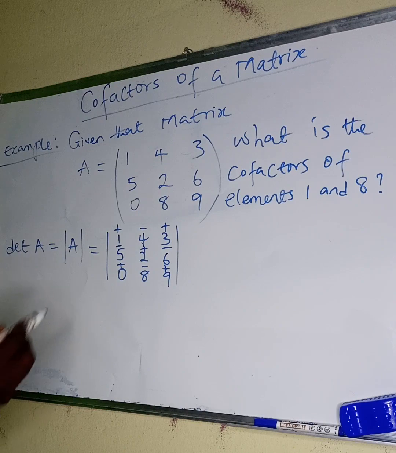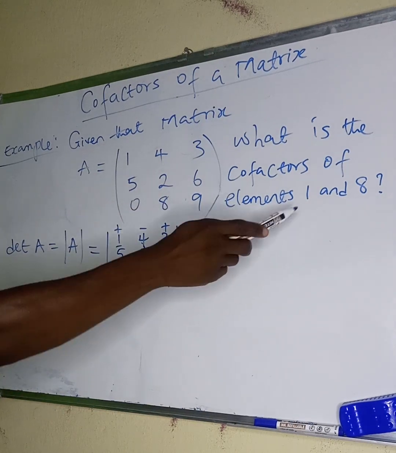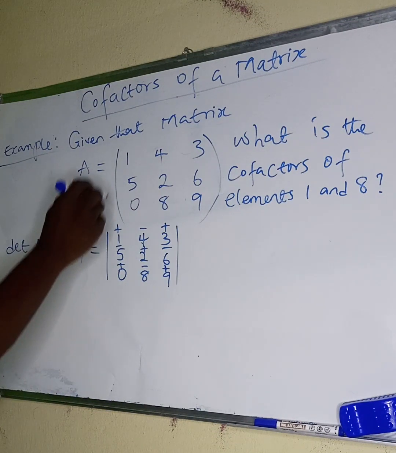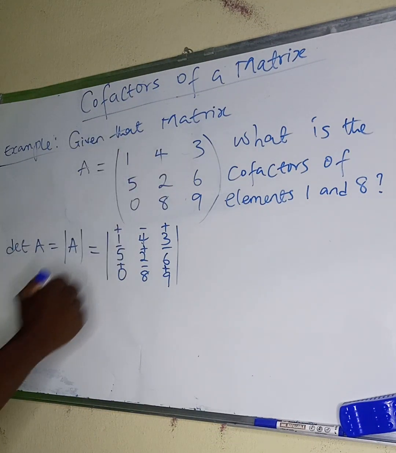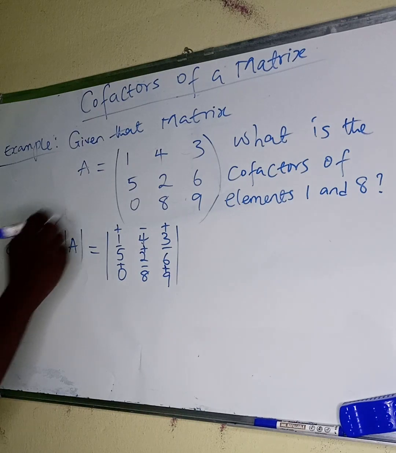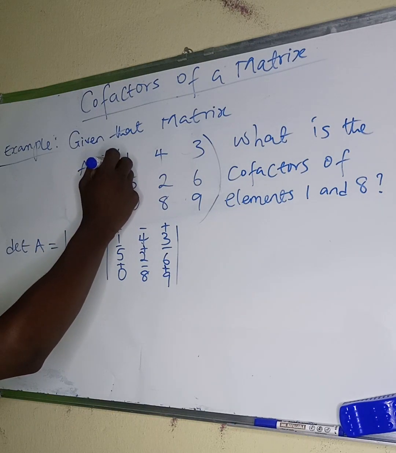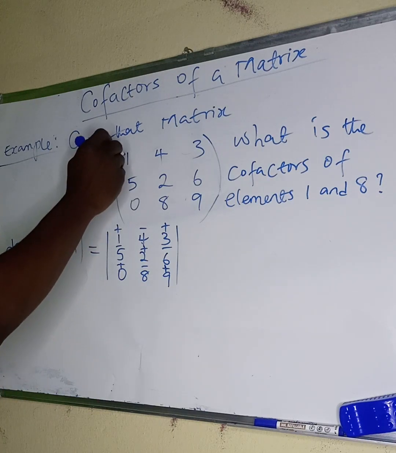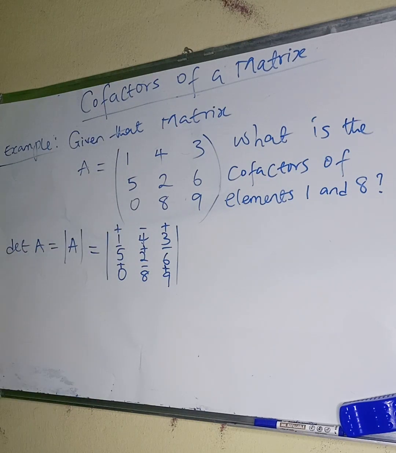Now they're asking us to find the cofactors of elements 1 and 8. Let's start with element 1. This is element 1. You are going to eliminate everything that has to do with element 1, both in row and column. So if I eliminate all the numbers in the same row as element 1, it means that 4 and 3 will cancel off. If I eliminate every element in the column, it means that 5 and 0 will also cancel off.